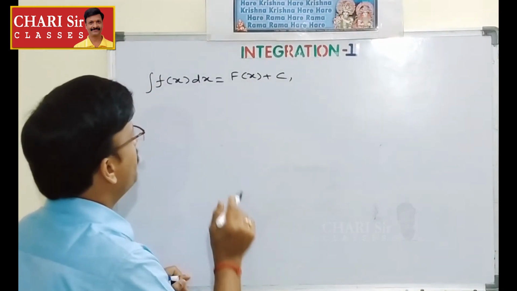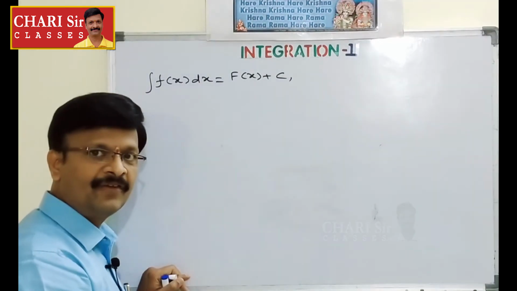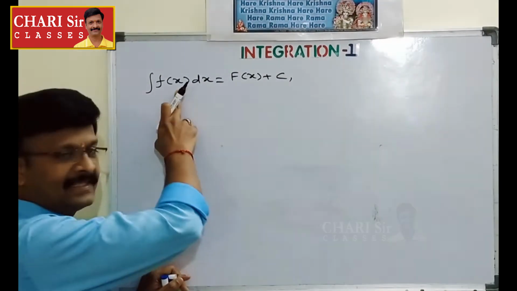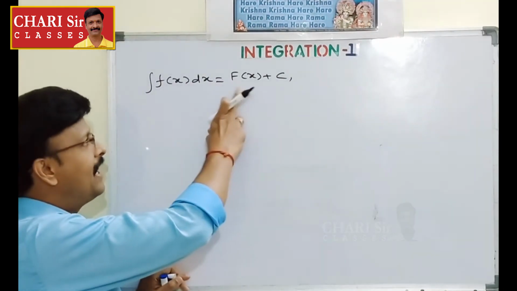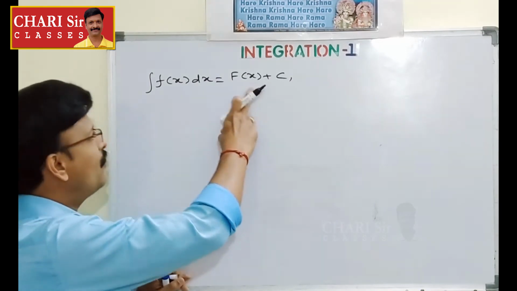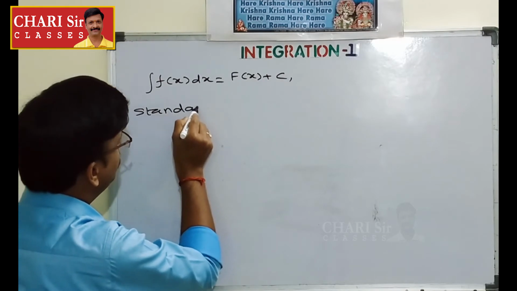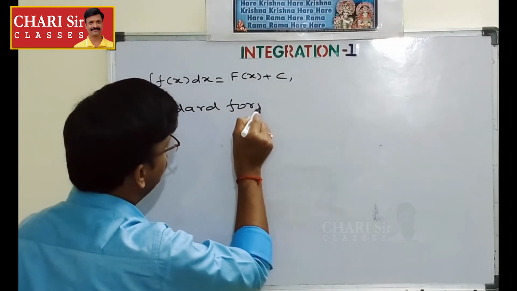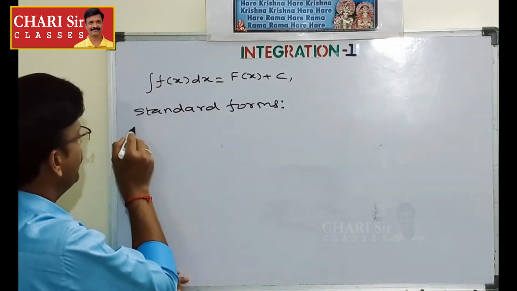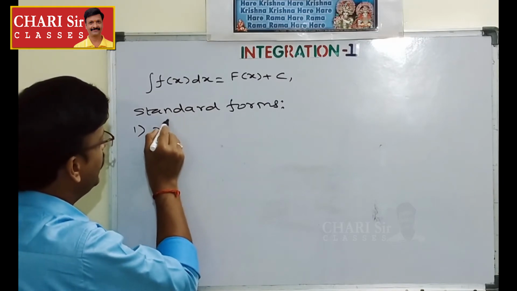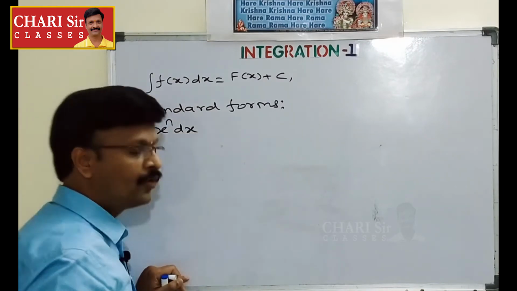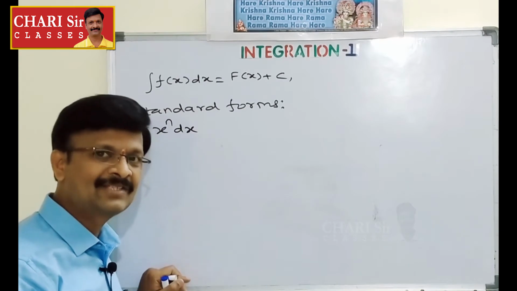Okay, and the capital F of x represents the integral of the function, and f of x is the function, the integrand, and this is the integral. Now we can see some standard forms. The standard forms are: number 1, we start with integration of x to the power of n dx. In differentiation also we start with x to the power of n.